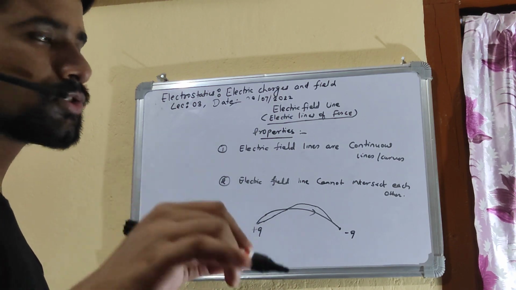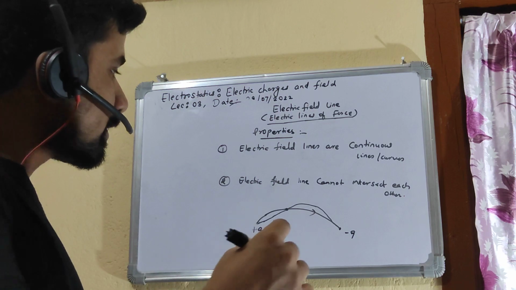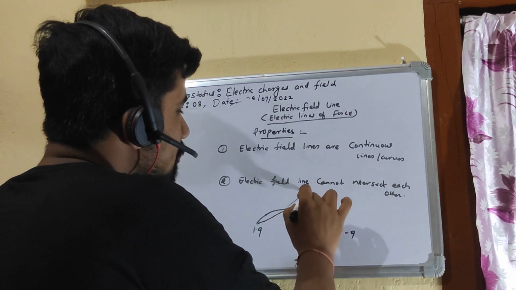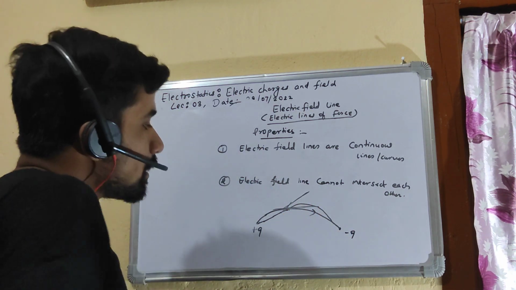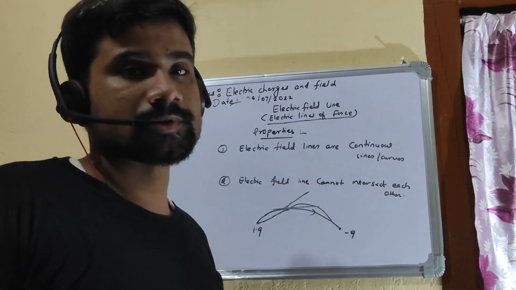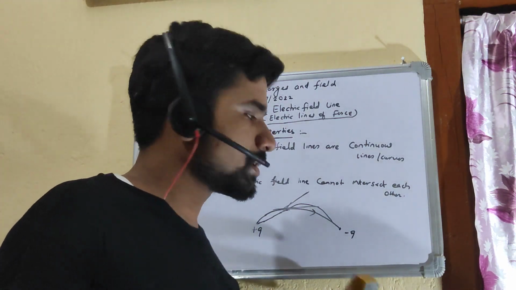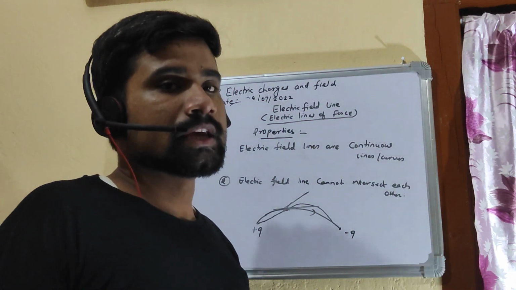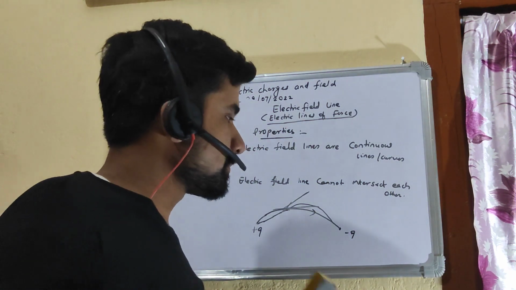So now, if my job is to calculate the direction of electric field at this intersection point, we can say that because of this curve, the tangent will be this, and because of this curve, the tangent will be this, right? For the same point, we have two directions of electric field, which is not possible, right? The resultant electric field at any point will have a unique direction, because of the combined effect, and hence electric field lines cannot intersect each other, because if they do, there won't be a unique direction of electric field, right?